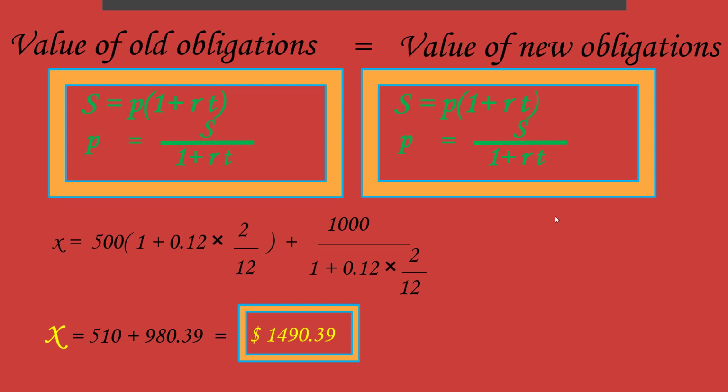At the end, X will equal $1,490.39. So we will replace $500 and $1,000 with $1,490.39 payable after 6 months.